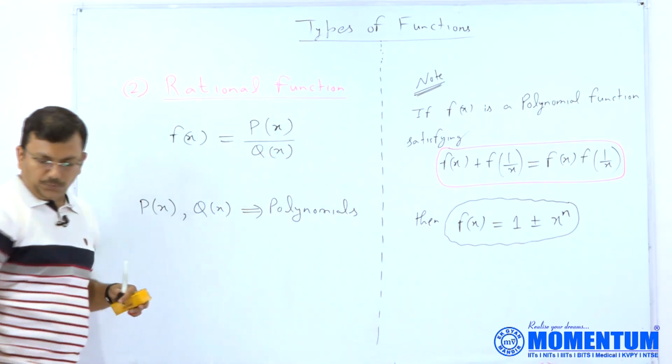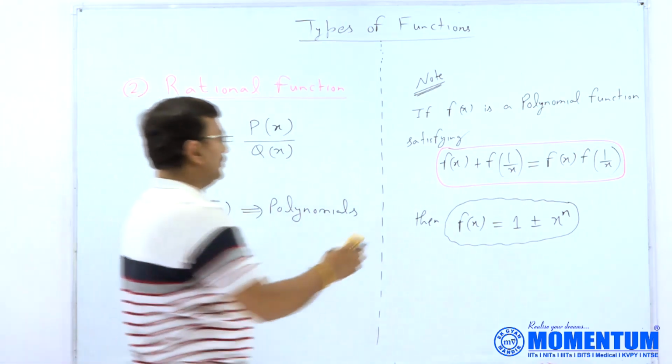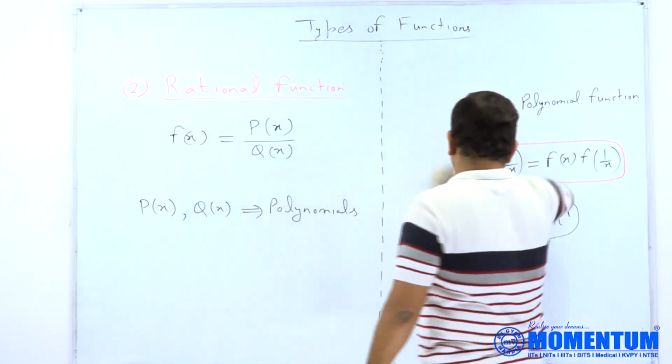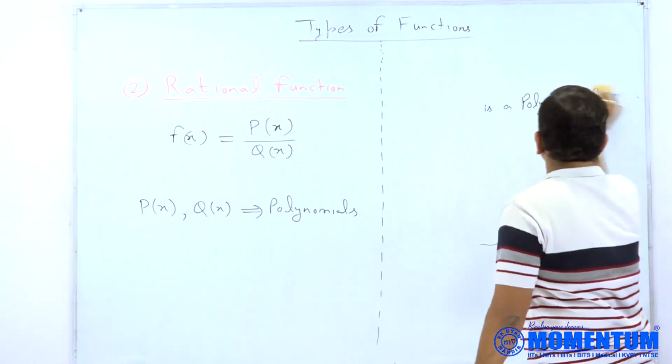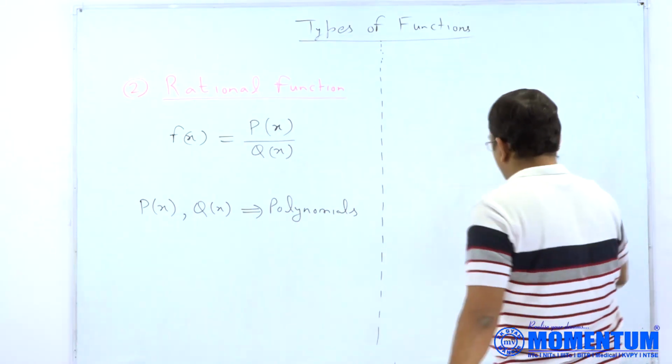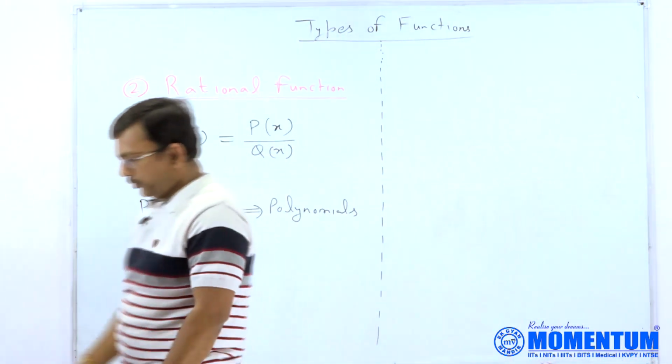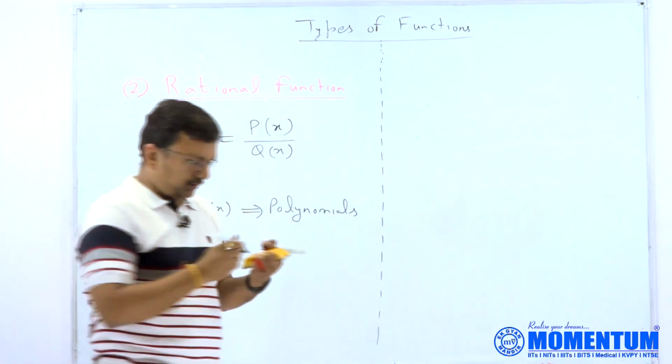So ratio of two polynomials is our rational function.